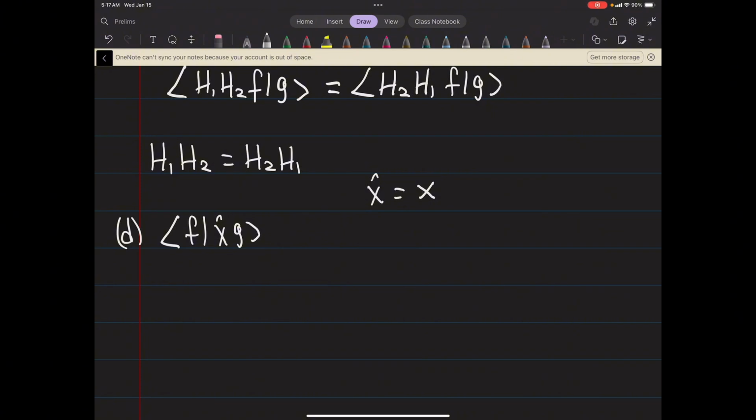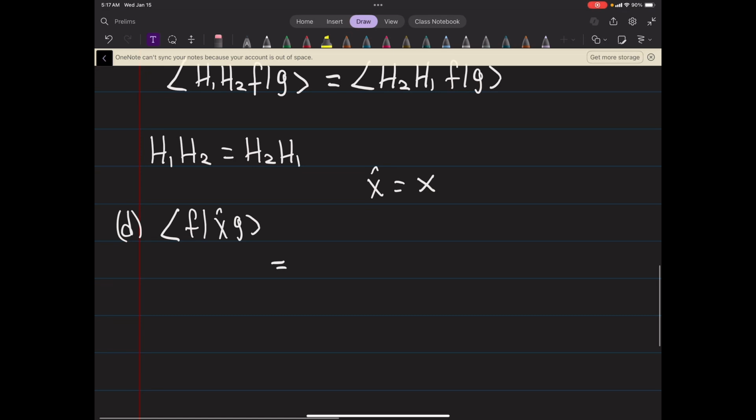So then this inner product, if we were to write it in an integral form, the bra is complex conjugate f times x times g of x dx.